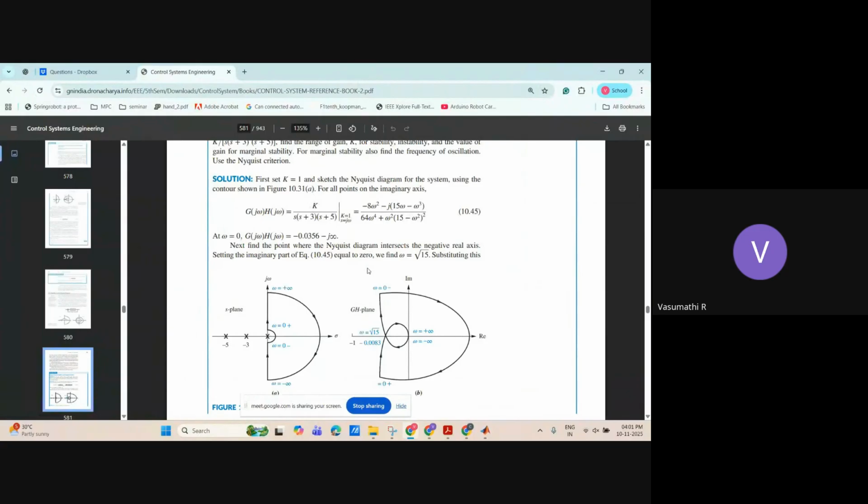Just trying to take an example where there is an open loop zero in the right half of the plane and the system becomes closed loop stable. I'm not getting it. Fine. Here it will come.